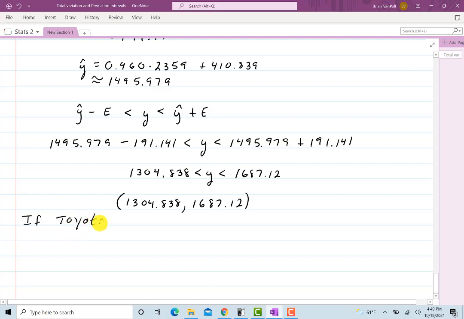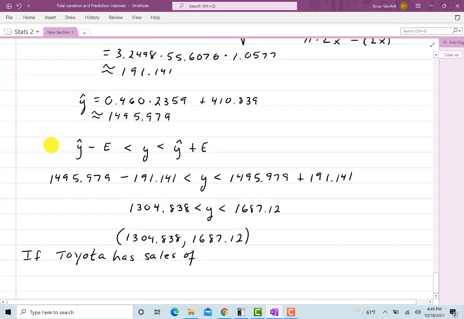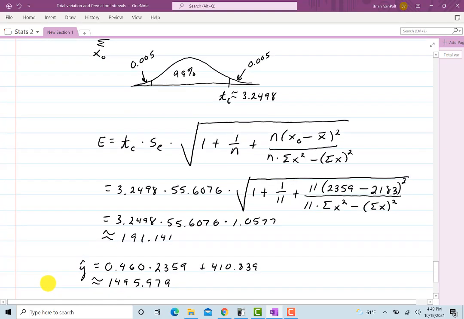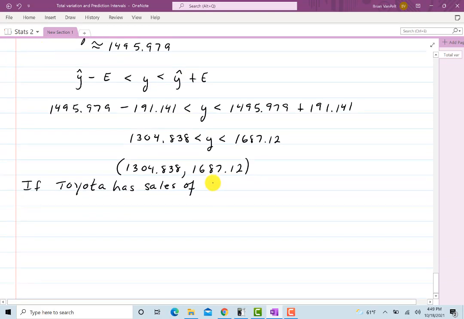Toyota has sales of, and how many, that was my x naught. Let's see if I can find that. That was 2359, I believe. There it was. Yes, 2359 has 2359,000. Then Honda will have between 1304838.